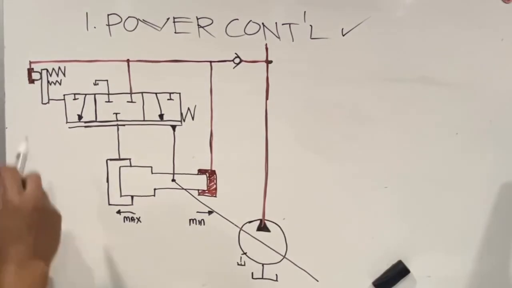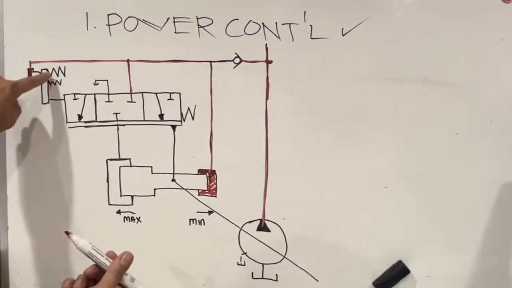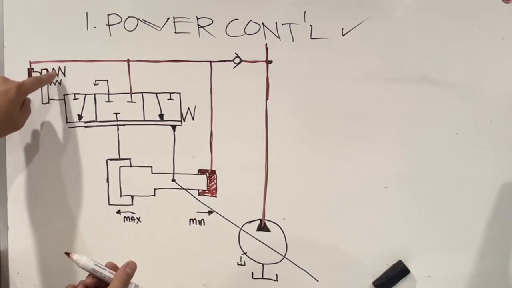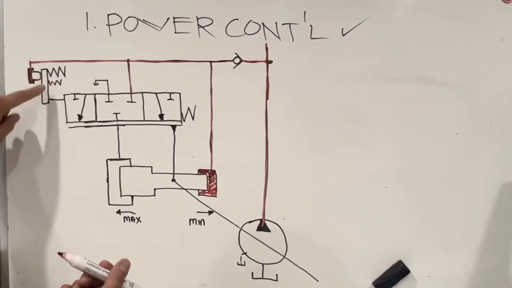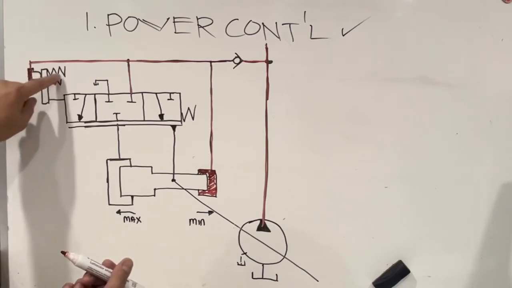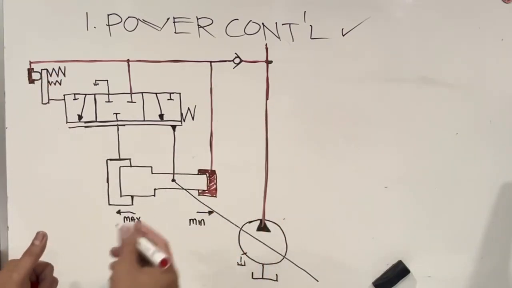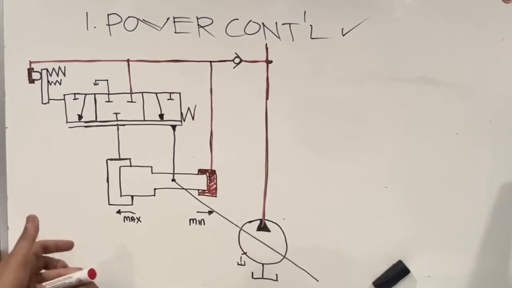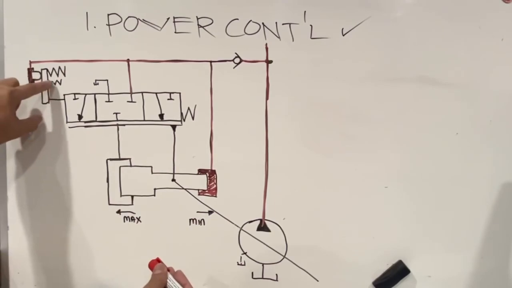All right, now these two springs here are set from your power curve, your PQ diagram. So remember, the pressure that acts here is proportional to your spring stroke. Let's do the PQ curve so that we will apply it in this control.